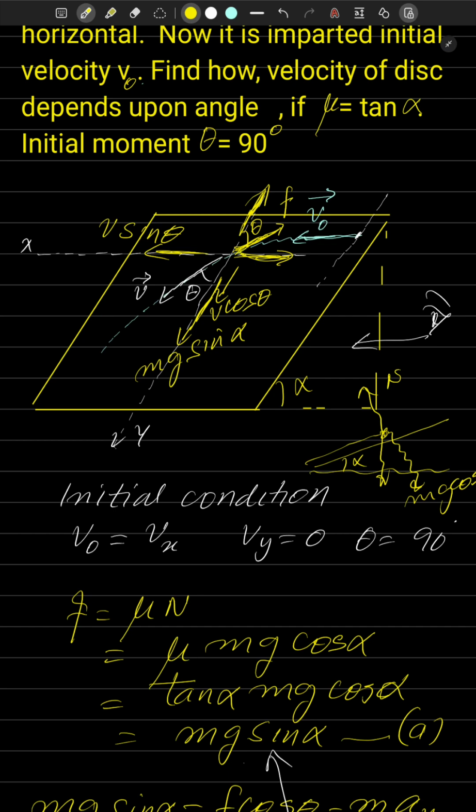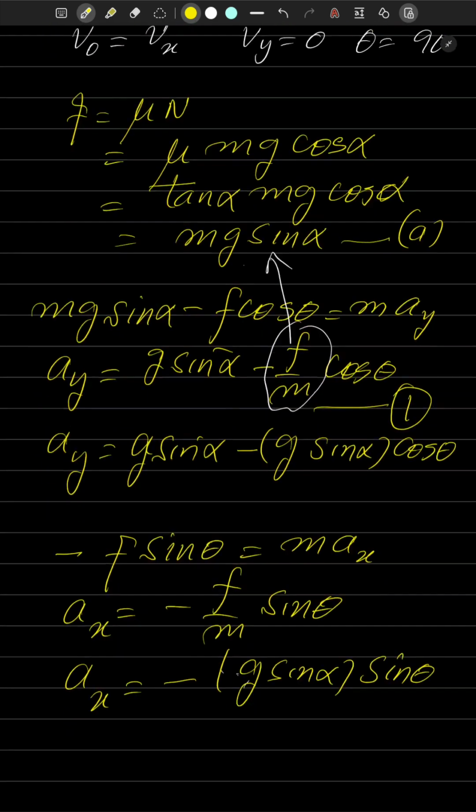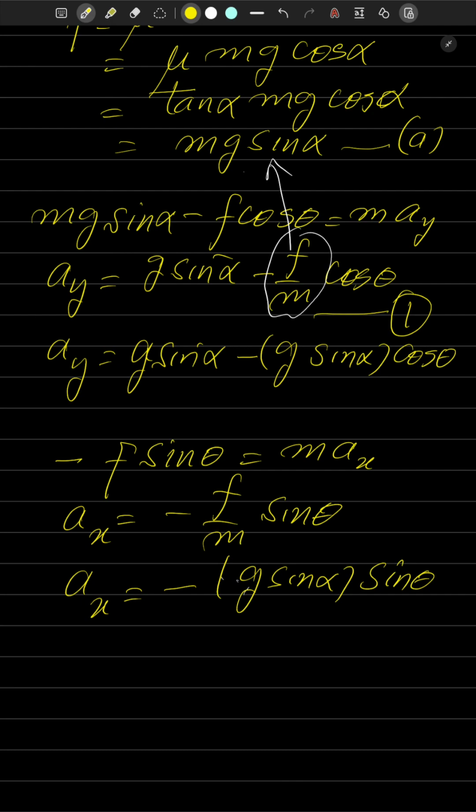Your v sin theta gets opposed by the frictional component f sin theta, and your v cos theta gets opposed by the frictional component f cos theta. So we can have the accelerations as equations number 2 and 3.